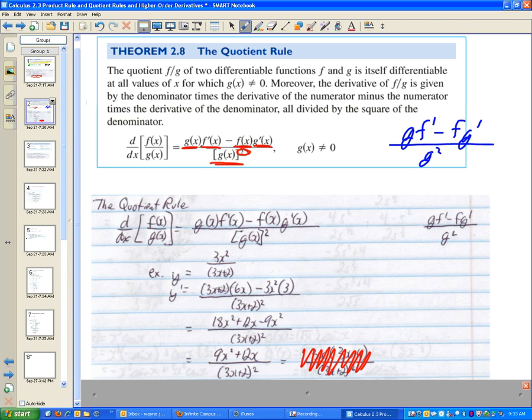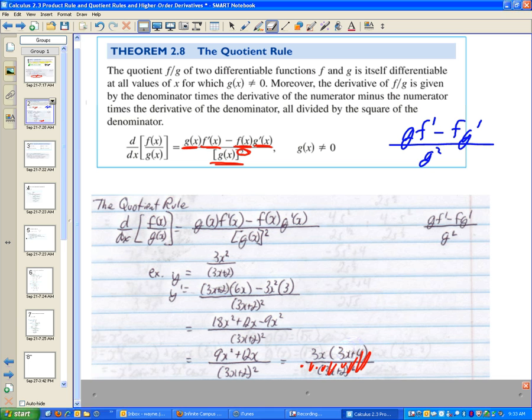It's a good idea to factor. At this point, I will not require you to. Eventually, I will require you to. So we can factor out a 3x, can't we? So take out a 3x from the numerator. Well, 9x squared divided by 3x is 3x.